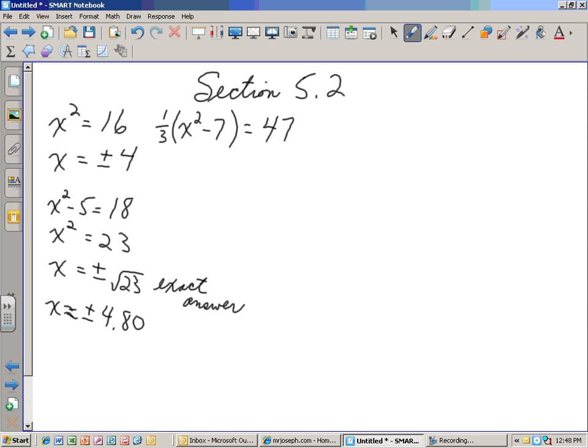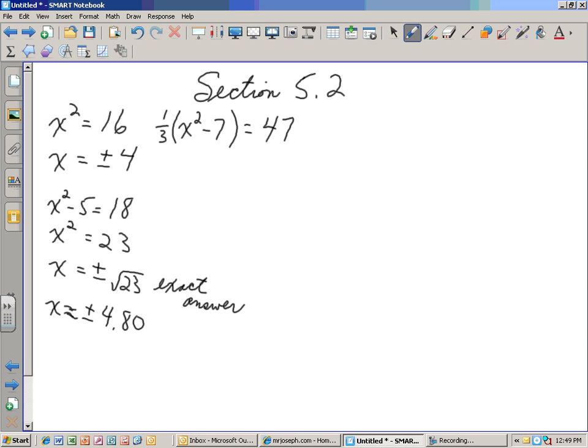Multiply by 3. I think that's what you meant. Multiply by 3, and that gets rid of that fraction. If you were to distribute, you'd have 1/3 x squared minus 7/3.